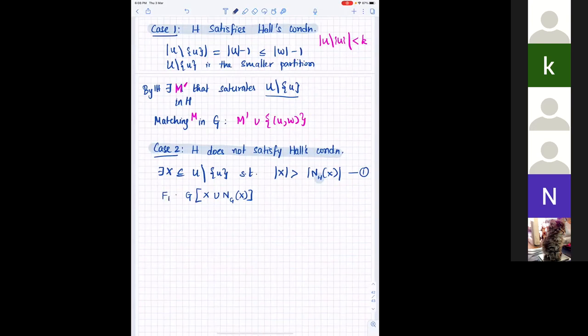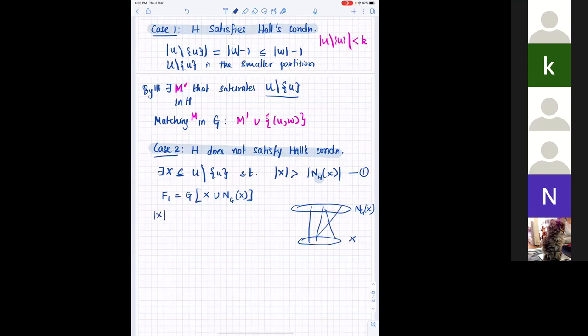Let's call this graph F1. Just like H, now also we have a graph. We have X on one side, and we have the neighbors of X in G on the other side. Now, one thing we know is definitely the cardinality of X. So let's see what happens.